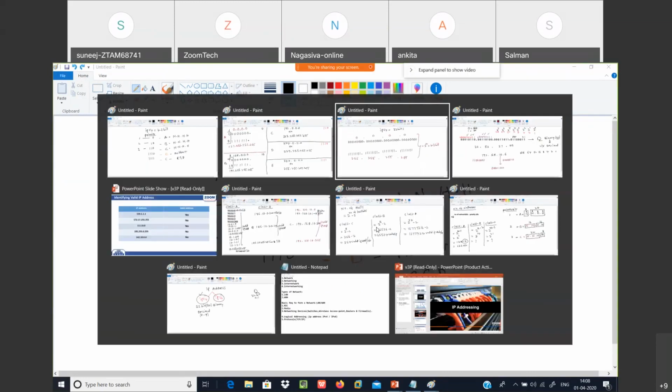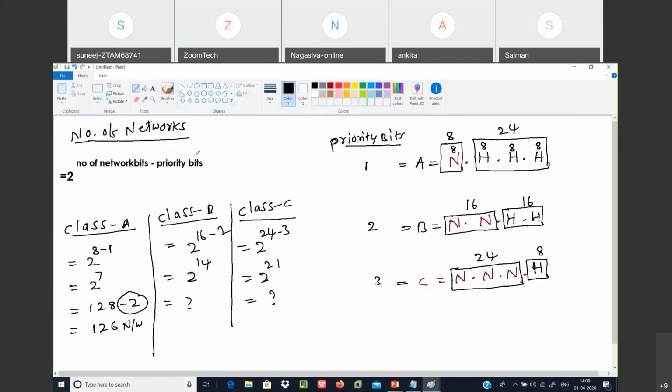How many networks are in class A? To find out, we have one formula: 2 power number of network bits minus priority bits. For class A, 2 power 8 minus 1, 2 power 7, 128 networks. Out of 128, 2 networks are subtracted. Why?